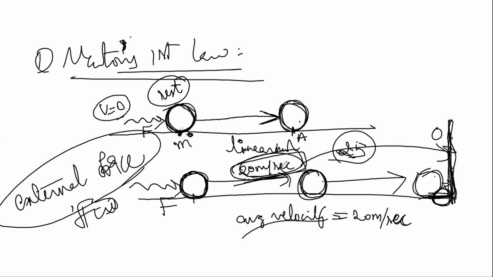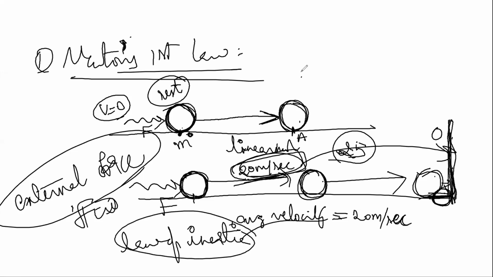Another name for this law is the law of inertia. Inertia means the body hesitates to move, because when you apply an external force, it is reluctant to change its present state.